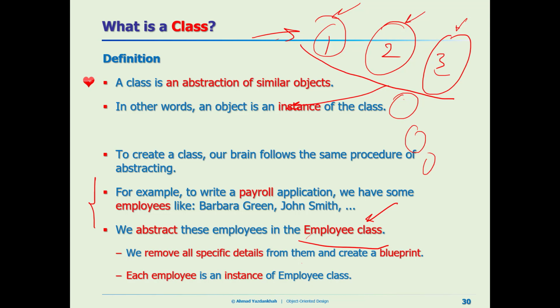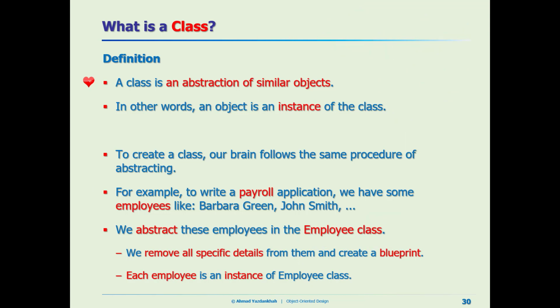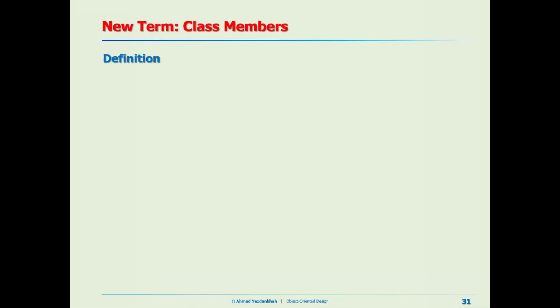All right, so we need another new term. We call it class members. What are class members? If we have a class here, what are the members of this class?